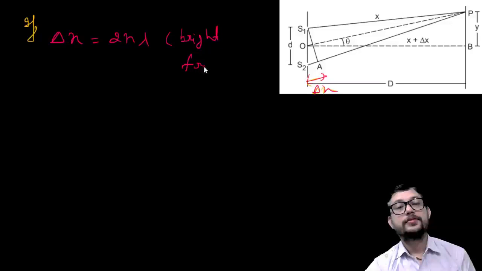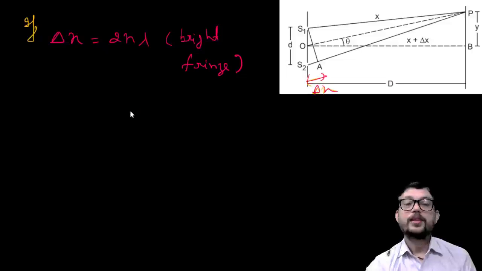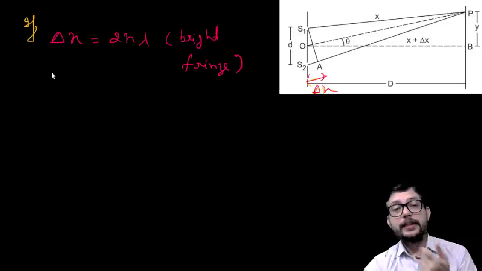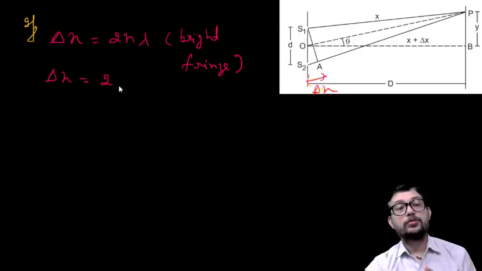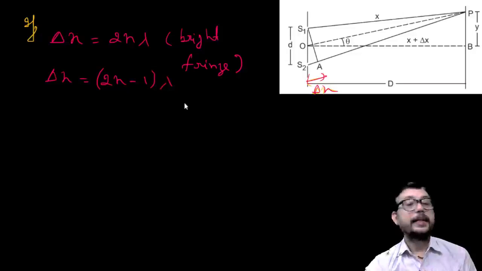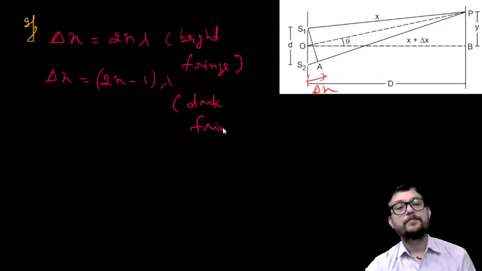And if we have delta x equal to 2n minus 1 lambda, then we get the dark fringe.